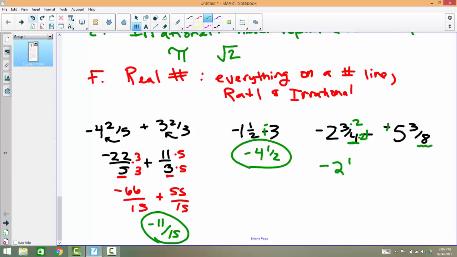-2 6/8. So you really have 5 3/8 minus 2 6/8. Well, 5 minus 2 is 3. And 3/8 minus 6/8 is -3/8.